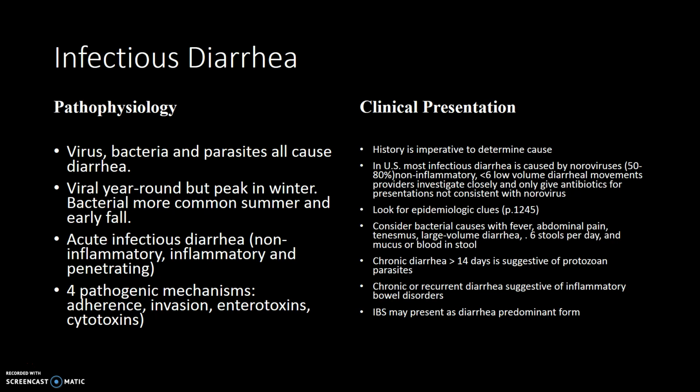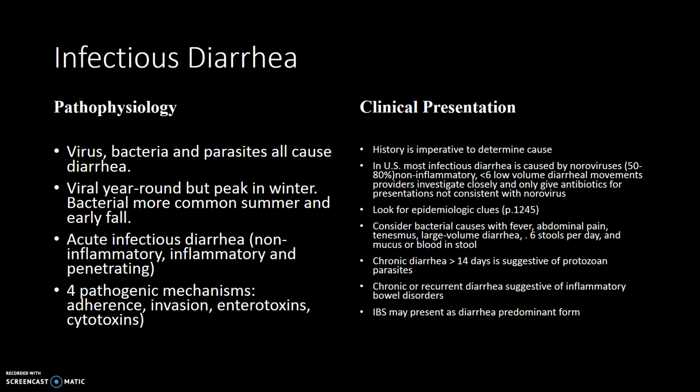So in clinical presentation, you have to really take a thorough history. It's imperative to determine the cause, and determining the cause will determine the management and treatment. In the United States, most infectious diarrhea seen is caused by norovirus, 50 to 80%. That's a non-inflammatory, less than 6 low-volume diarrheal movements, and the provider must investigate this closely, and you are to only give antibiotics for presentations not consistent with norovirus.